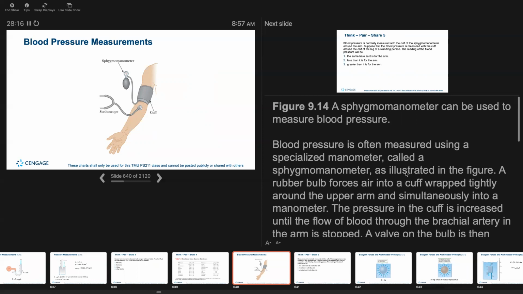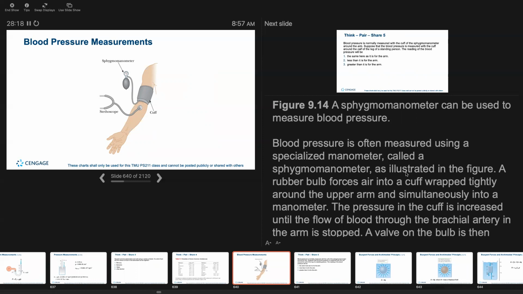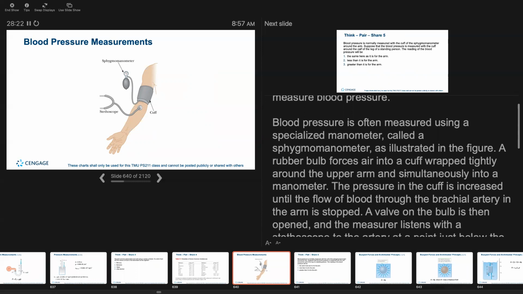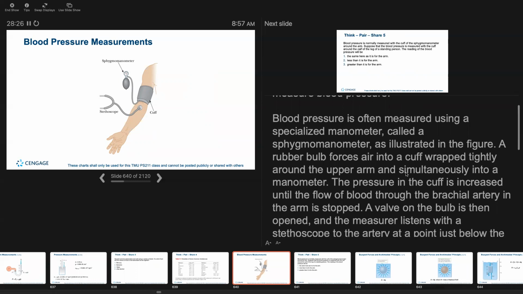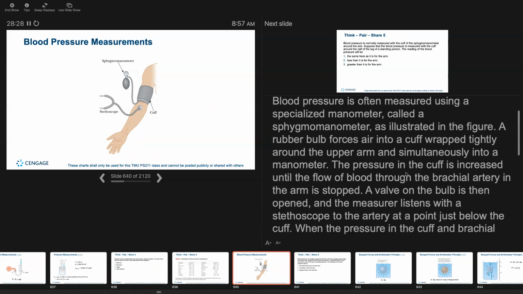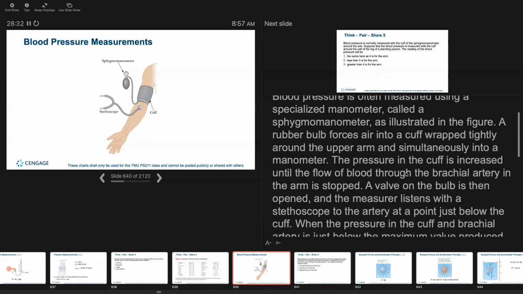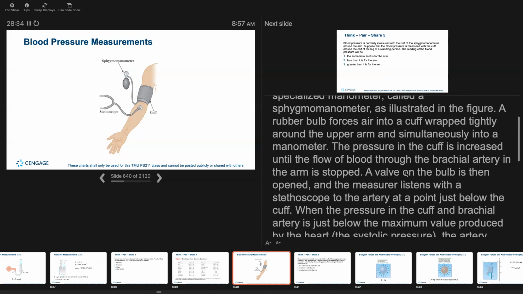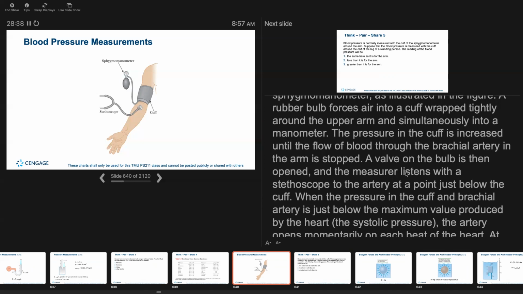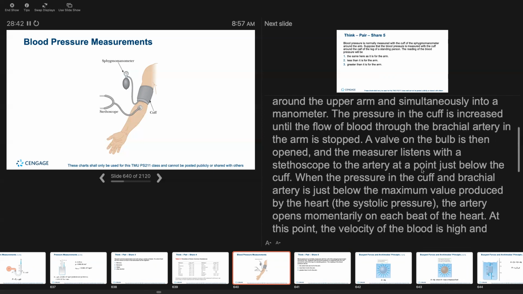Pressure in the cuff is increased until the flow of blood through the brachial artery in the arm is stopped. The valve on the bulb is then opened, and the measurer listens with a stethoscope to the artery at the point just below the cuff. When the pressure in the cuff and brachial artery is just below the maximum value produced by the heart, the systolic pressure, the artery opens momentarily on each beat of the heart.